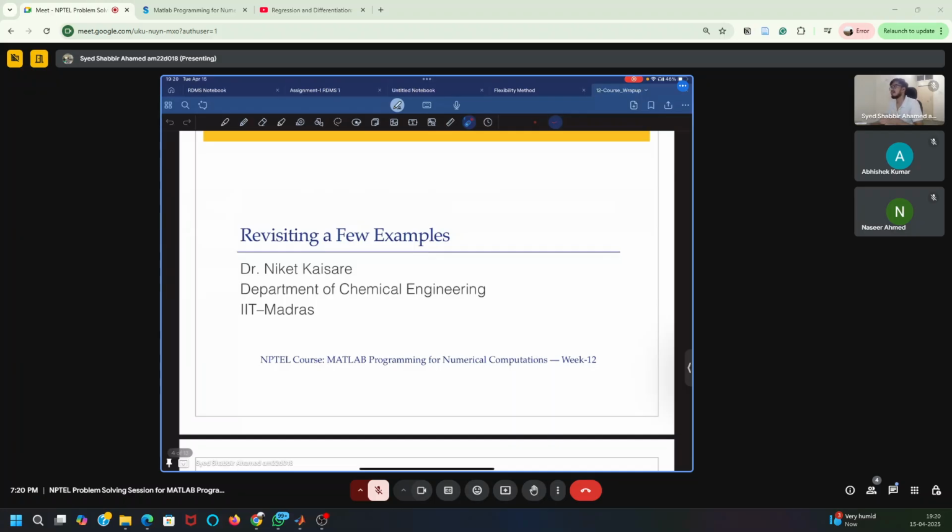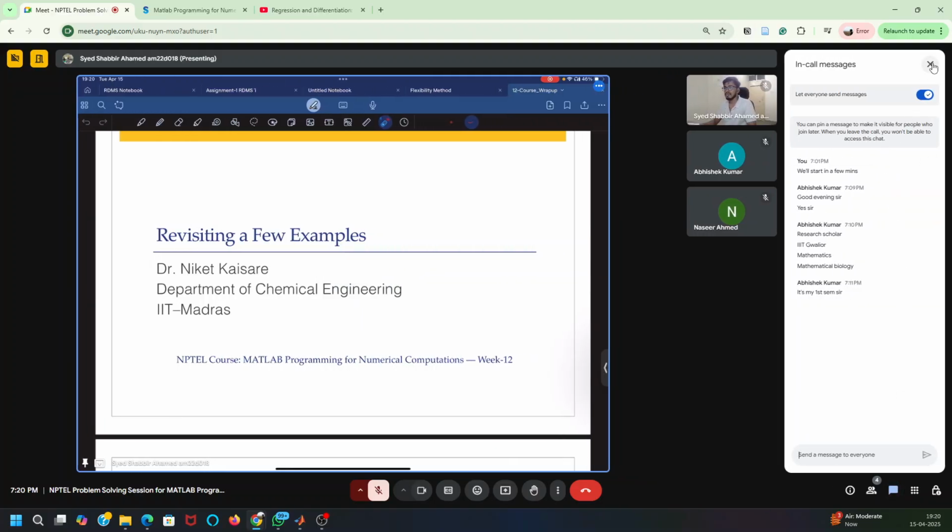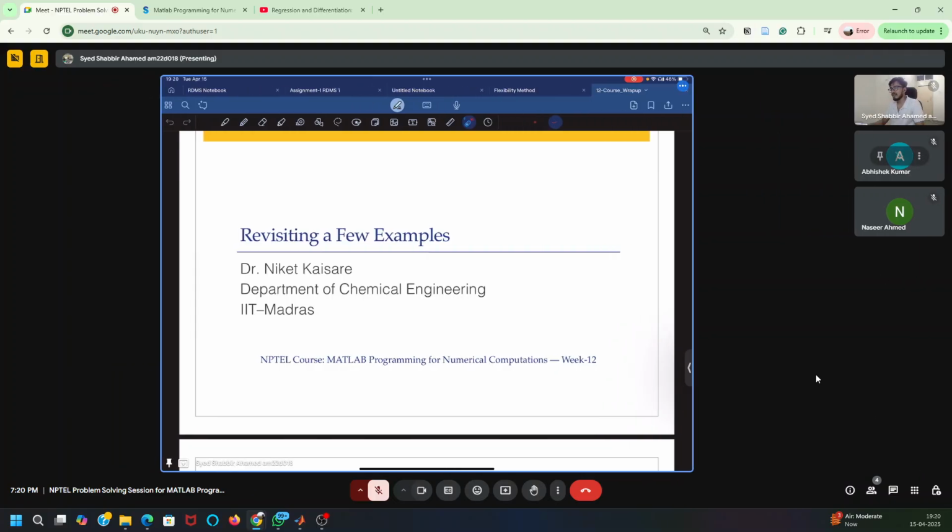One thing I wanted to tell is we also have a session tomorrow from 6 p.m. to 8 p.m. There we will try to cover a few things which I couldn't cover, I think the tridiagonal matrix algorithm.